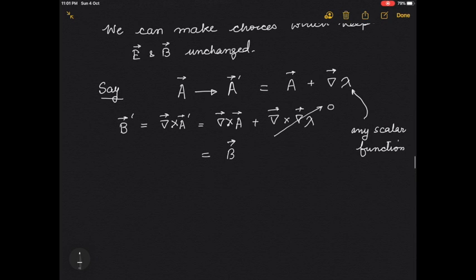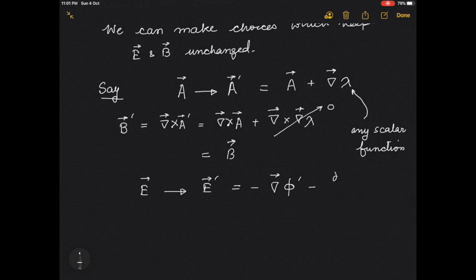So what happens to E if I add gradient of lambda to A? Well, E will change to E prime. And E prime is nothing but minus gradient of phi prime, say, minus del A prime del t.